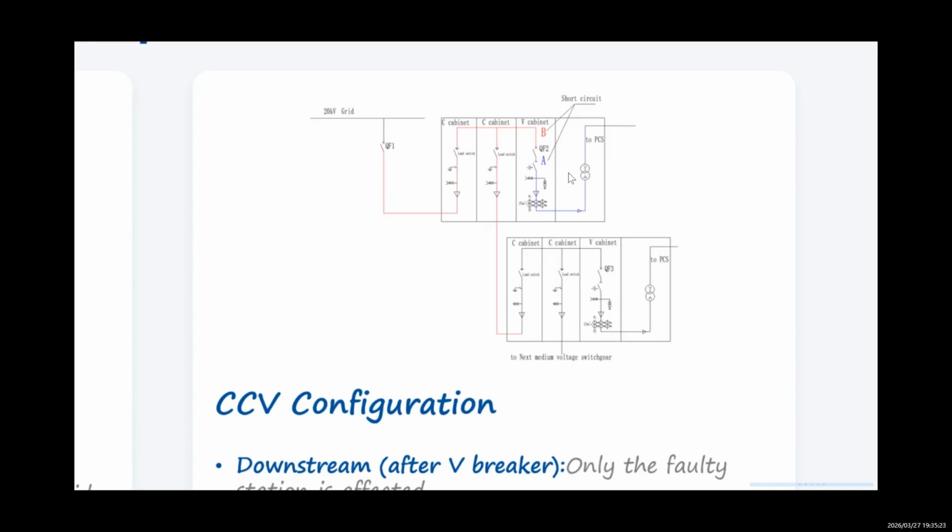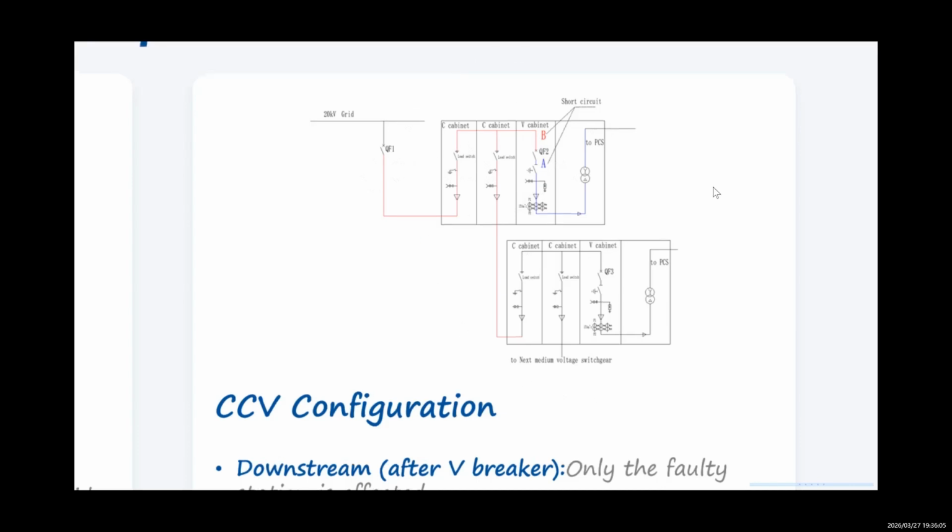But when a short circuit fault occurs upstream of the vacuum circuit breaker QF2, at point B marked by the red line, let's say in the bus bar of the C cabinet, V cabinet, or inside the C cabinet, because the load switch in the C cabinet is unable to cut off the short circuit current, the grid side circuit breaker QF1 will trip to protect the whole system, causing all the equipment, these two equipment, to be faulty.